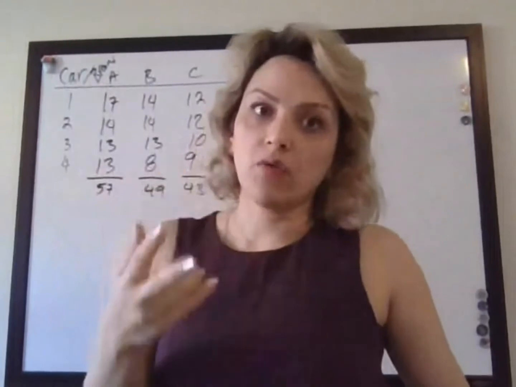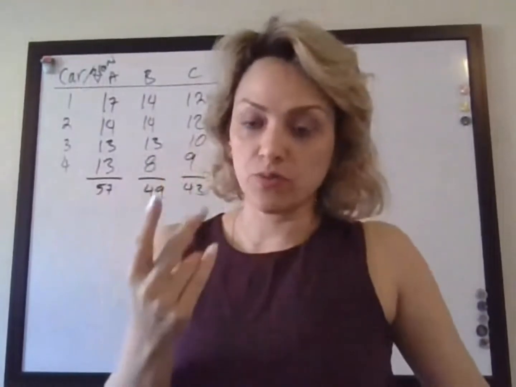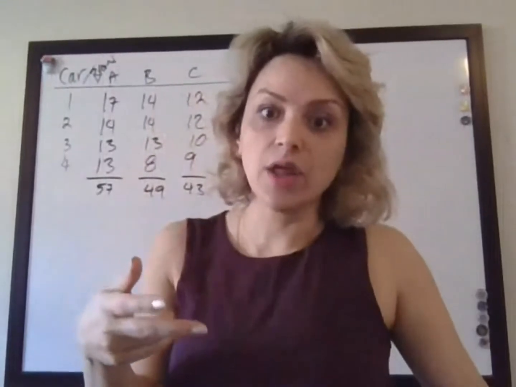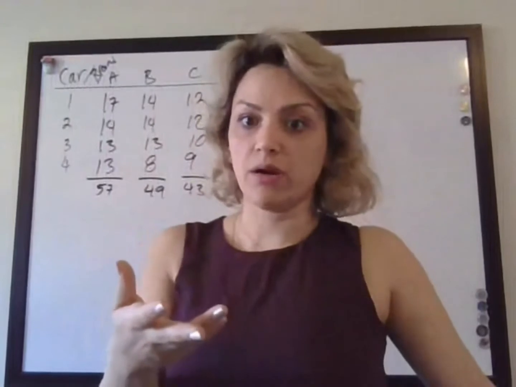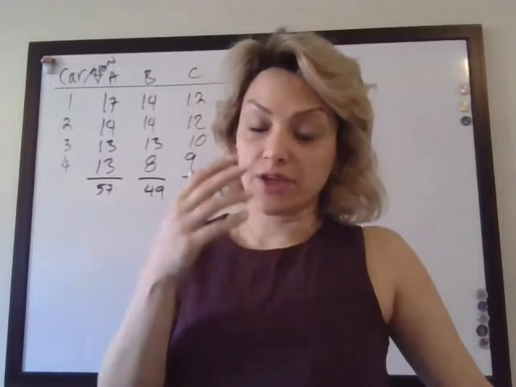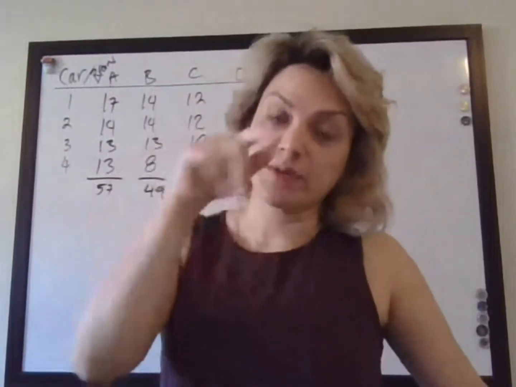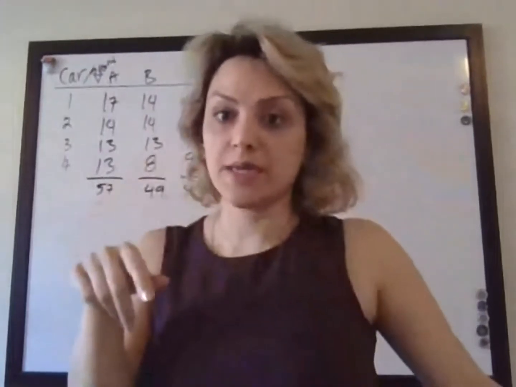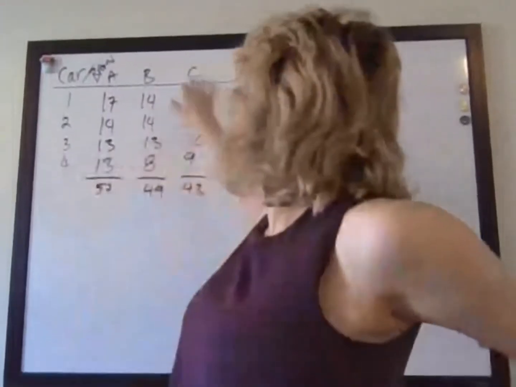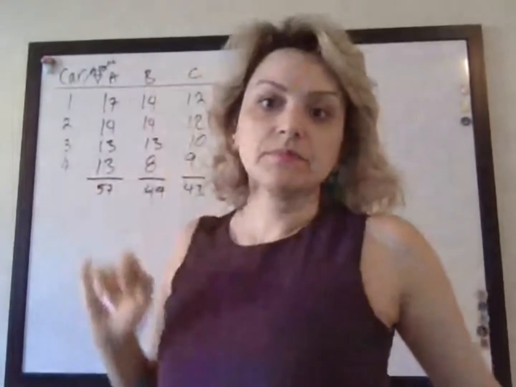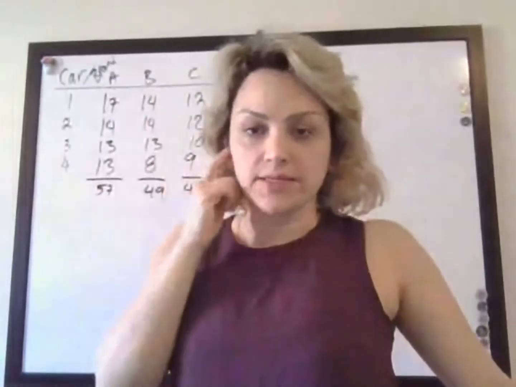Also from the ANOVA table, there are 2 main outputs. One is the value of the F observed that we find. For example, here we are going to find the F observed from the sum of squares of the treatment. The treatments are these, like A, B, C, D, so it has 4 levels.